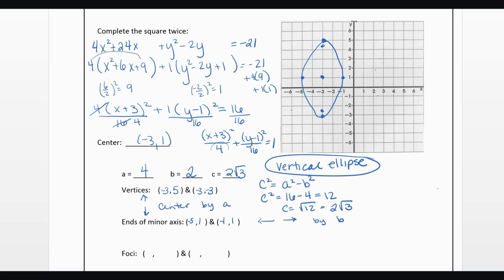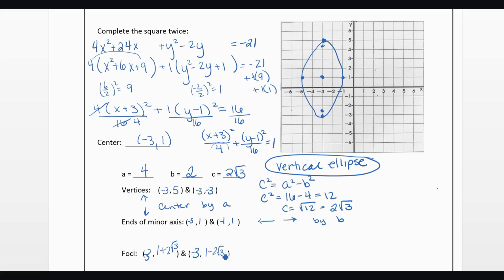Now notice it has the same x coordinate as our center, negative 3. The y coordinate's going to look a little funny. We're taking the y coordinate 1 here and we're adding 2 square root of 3 to it. So we're really going to write that as 1 plus 2 square root of 3. And then going down, we're starting at the y coordinate of the center, 1, and we're going to subtract 2 square root of 3.